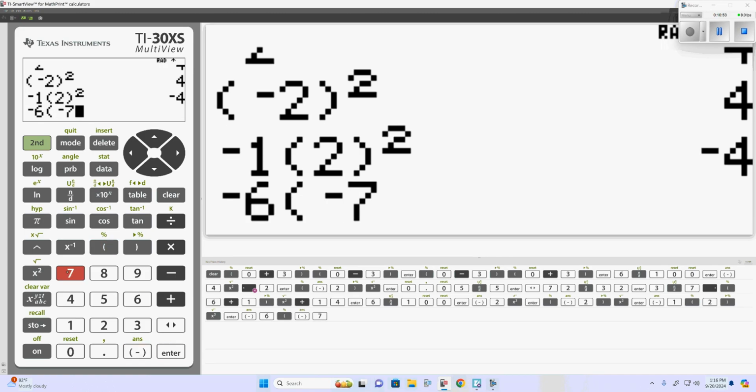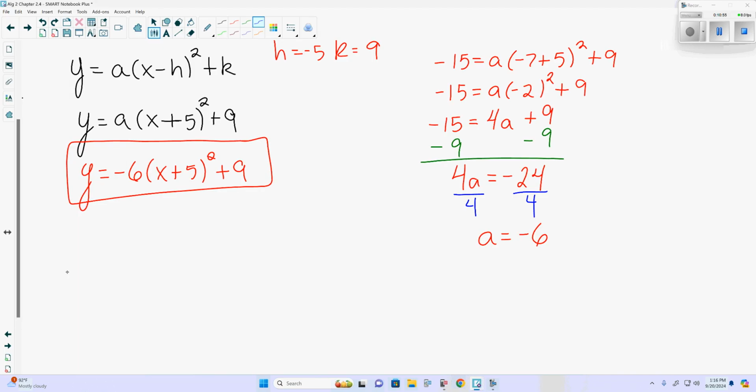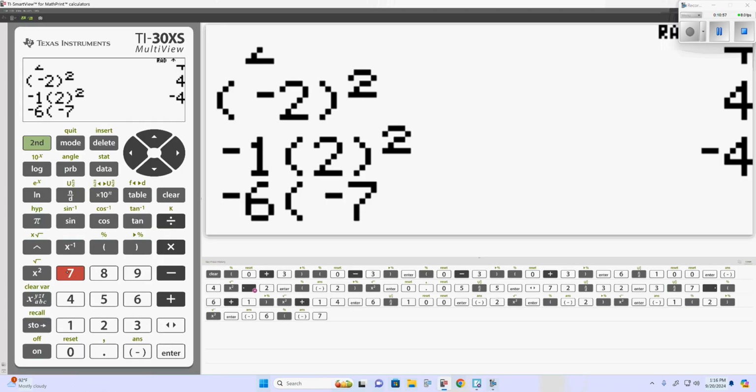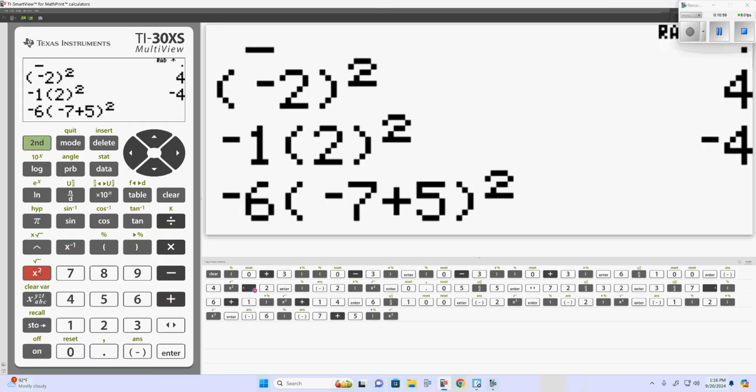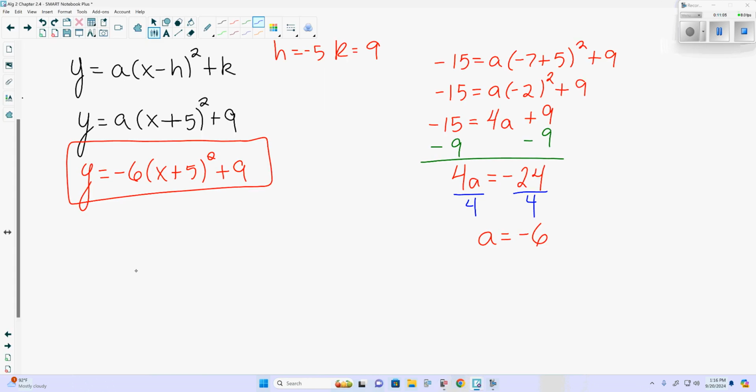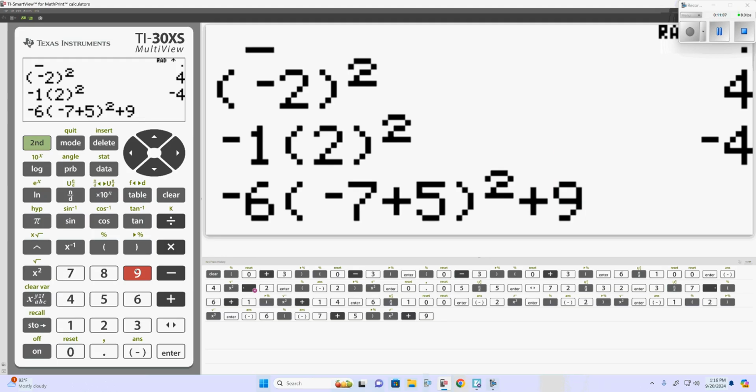Negative 7 plus 5, yep. So I'm showing you this because sometimes we get an answer and we're not sure if we got the right one, yes? If this is the equation, I plug negative 7 in for x, the y value should be what? Negative 13.